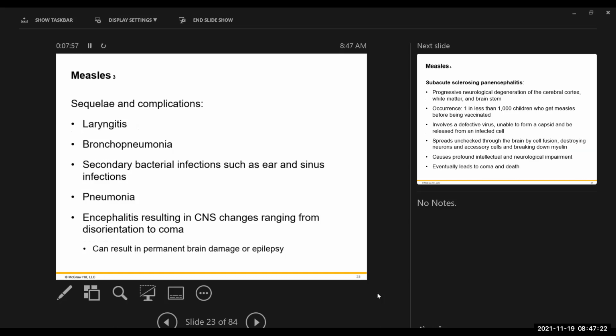Complications include pneumonia, encephalitis, and there's severe, and I mean pretty severe diarrhea.